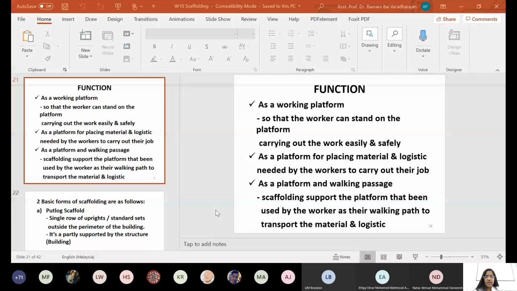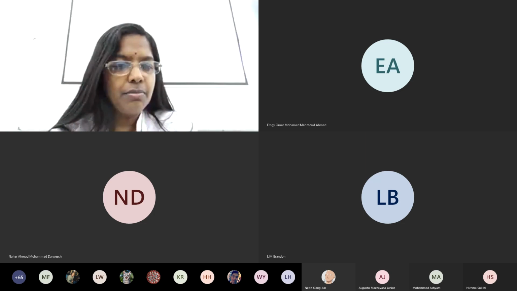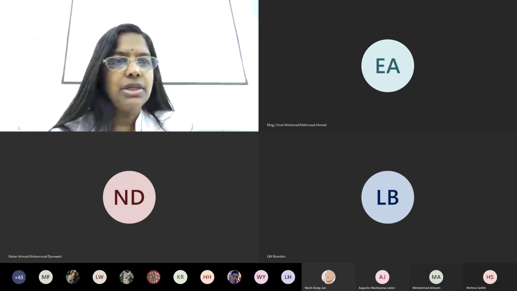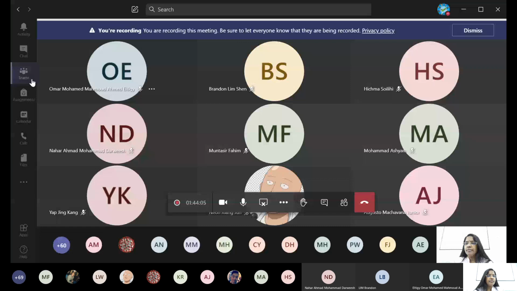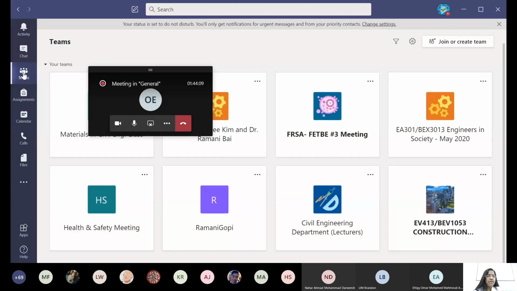Wait, I close this one. I share first, I'll show you where it is. One moment. I close this and share this one. I'm here in MS Teams. Can you see the channels?